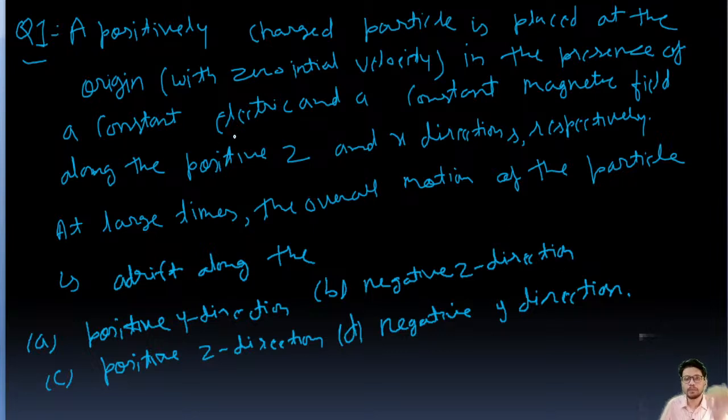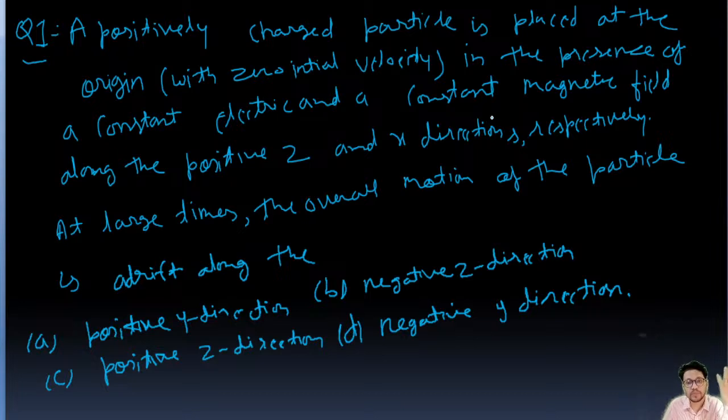So the question is, a positively charged particle is placed at the origin with zero initial velocity, so its velocity is zero initially, in the presence of a constant electric and a constant magnetic field, which are along the positive z and positive x directions respectively.